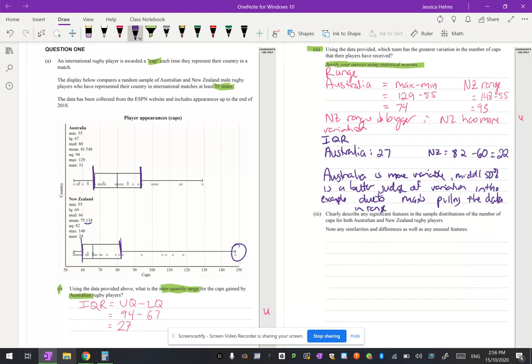Okay, so because of these, this is probably a better indication of variation.